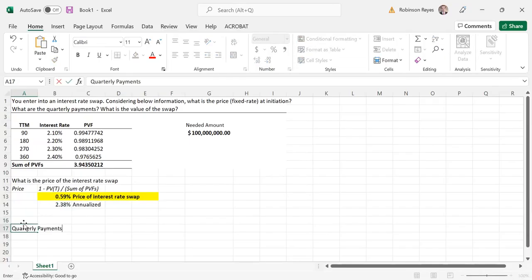So what are the quarterly payments, right? When you have a swap transaction, the investor who has the fixed rate will receive the fixed rate, and in theory, that fixed payment will be transferred to the fixed receiver.